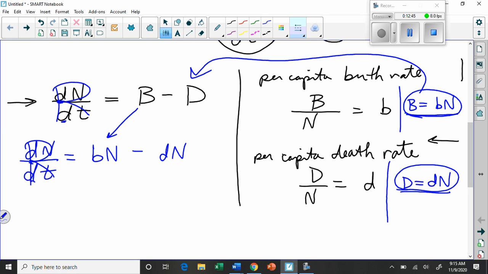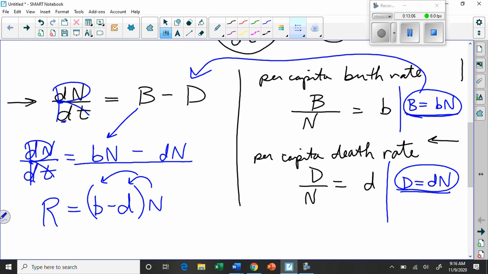And then we get this growth rate, R, call it what you want, as b minus d factored out from the n. If you multiply this n back into these brackets, you'll be right back where we started up here. So this is just a shortcut, this bottom step, okay?